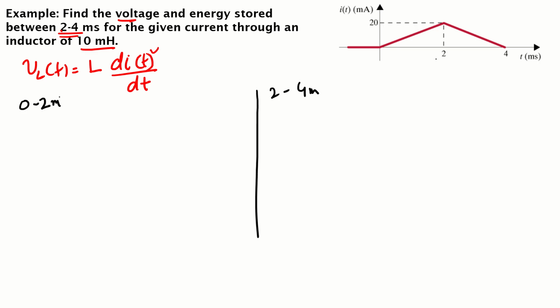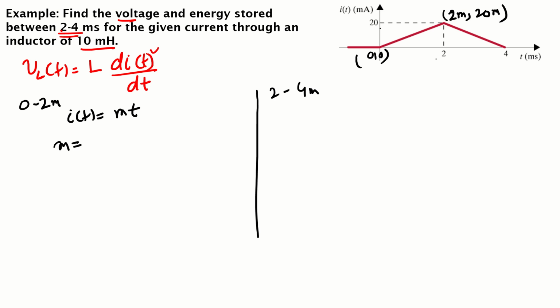For the first case, the current is a simple linear line, so it will be slope multiplied with the time. What is the slope? The first point is 0, 0, and the second point is 2 milli, with a current of 20 milli.